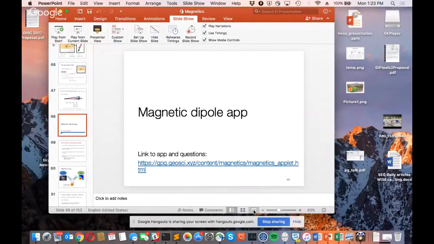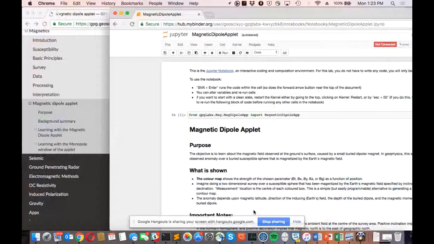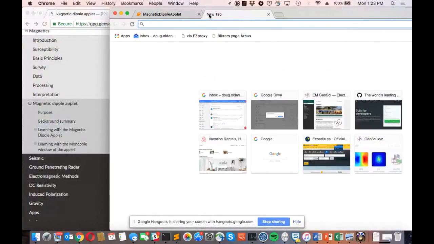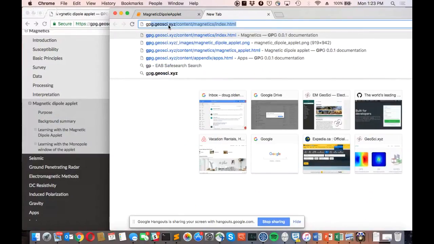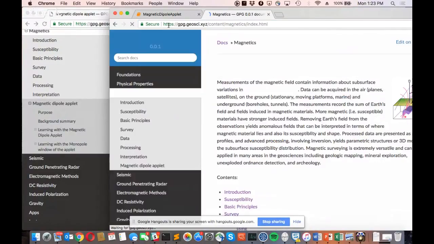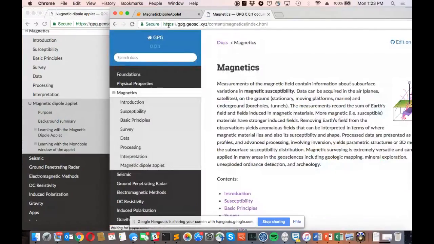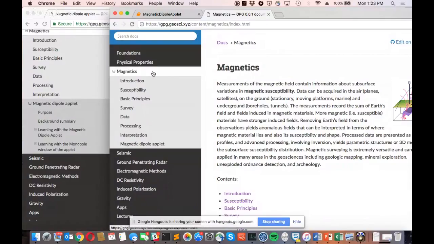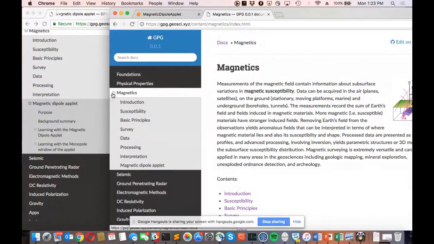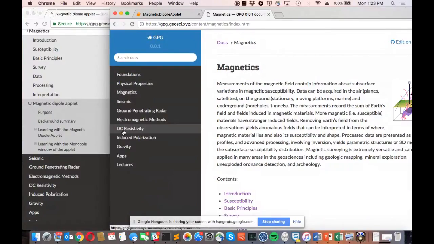Okay, so what I want to spend part of the rest of the day on is looking at one of the apps. If you sign on to the GPG, there's magnetics up here, and there's also something down here called apps.